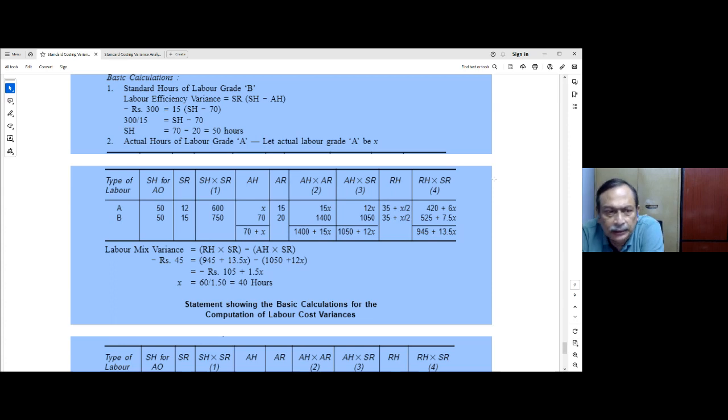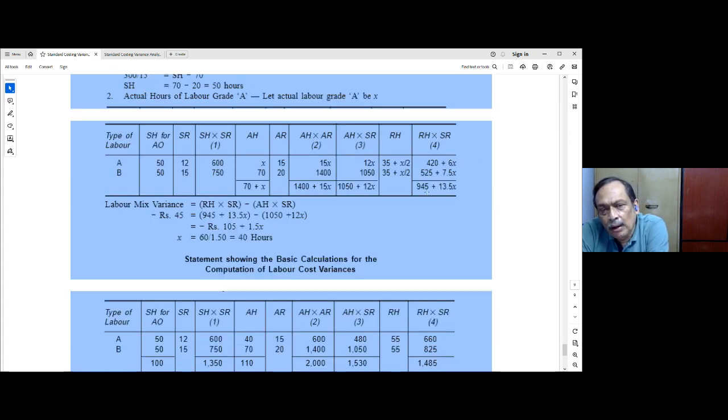And you are writing minus 45 is equal to 945 plus 13.5x minus (1050 plus 12x). And solving, we get x is equal to 40 hours. Actual hours we have calculated as we calculate in other cases.